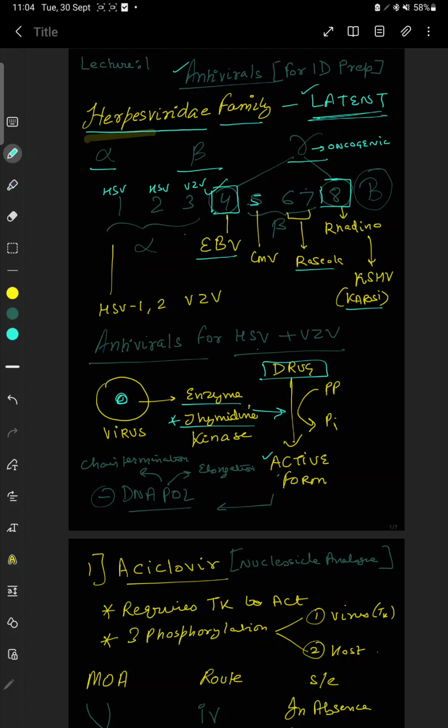Basically they phosphorylate it, and then the phosphorylated form acts on the DNA polymerase. It might act by terminating the chain or terminating the elongation.